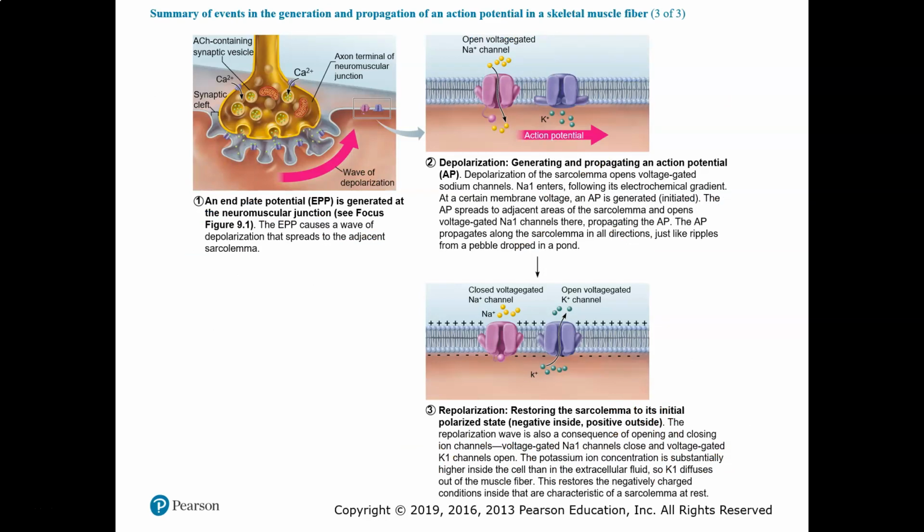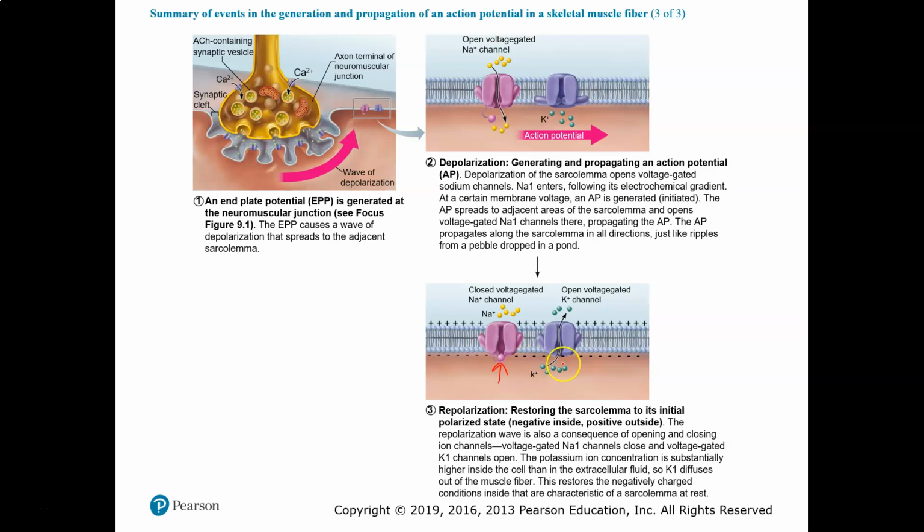And that helps to maintain the negative 70 millivolts which we call resting membrane potential. And that is step 3, showing you here that the repolarization happens when the sodium channels close. There's a little gate that closes over that channel so no more sodium can come in.